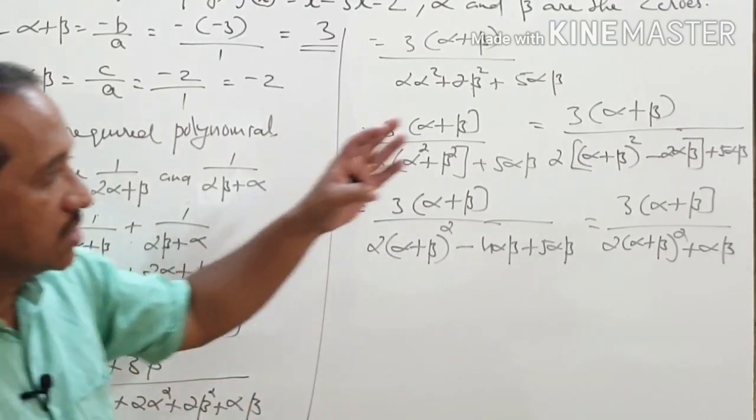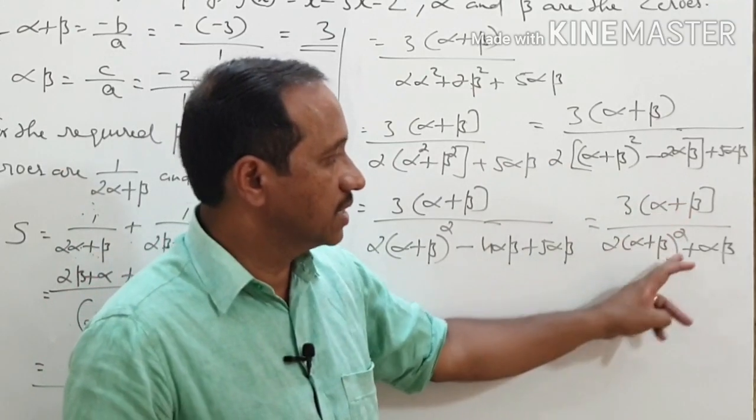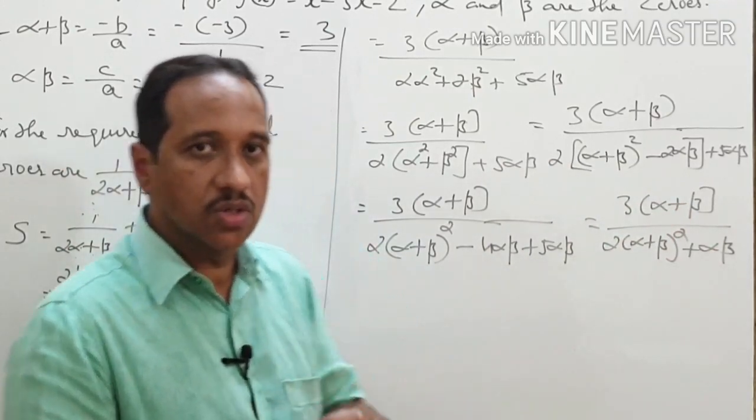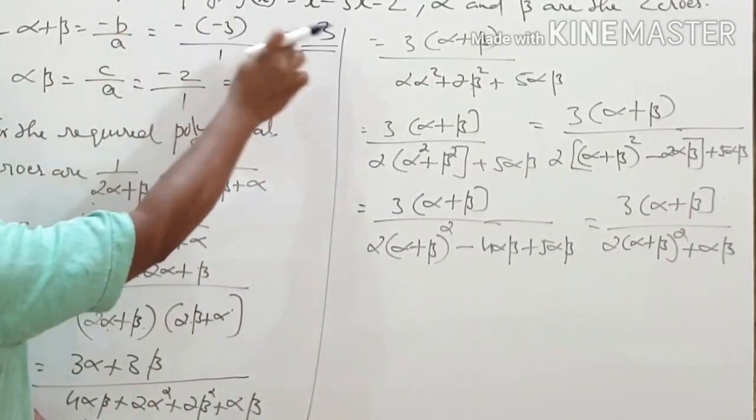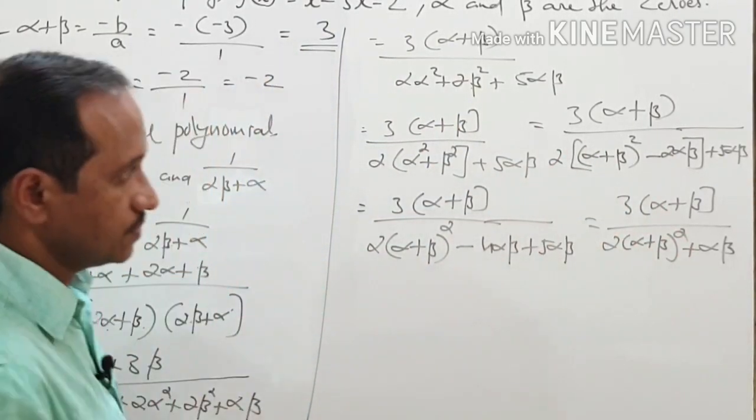Now we have this expression in terms of only alpha plus beta and alpha beta. Substitute the values of alpha plus beta is equal to 3 and alpha beta is equal to minus 2.